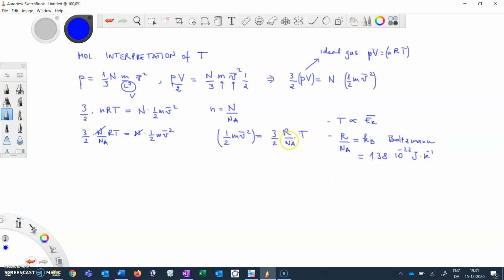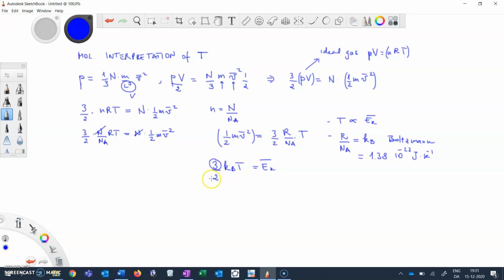But what does this tell us exactly? Well, in reality, it tells us a lot. It tells us that the mean kinetic energy is equal to 3 times kBT divided by 2. Now, why 3 times?